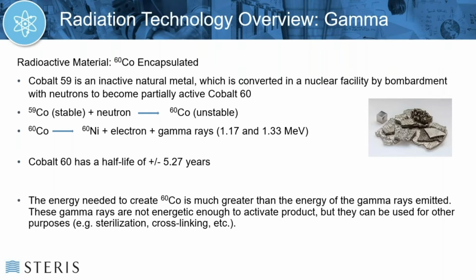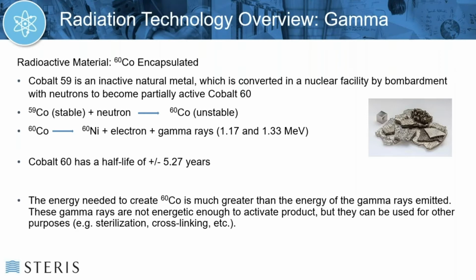So to actually produce cobalt-60, we start with natural cobalt. For cobalt, there's 100% abundance of the stable isotope cobalt-59 occurring naturally. So cobalt-60 is a man-made thing.